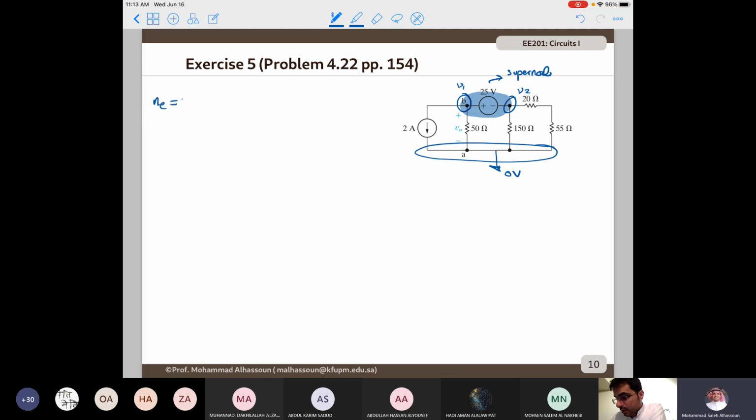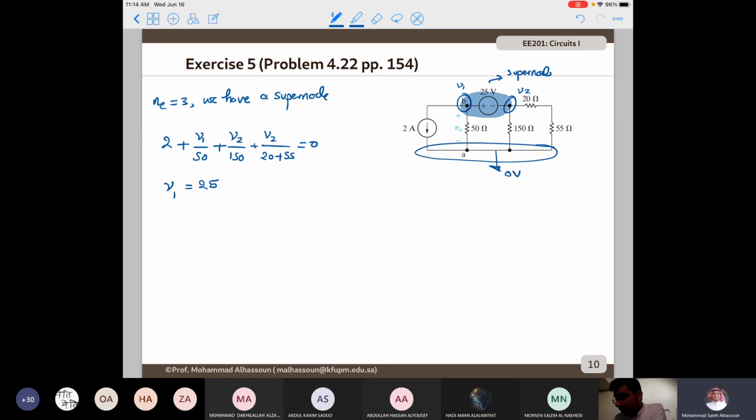The number of essential nodes is 3, so applying KCL, we get 2 plus V1 divided by 50 plus V2 divided by 150 plus V2 divided by 20 plus 55 equals 0.